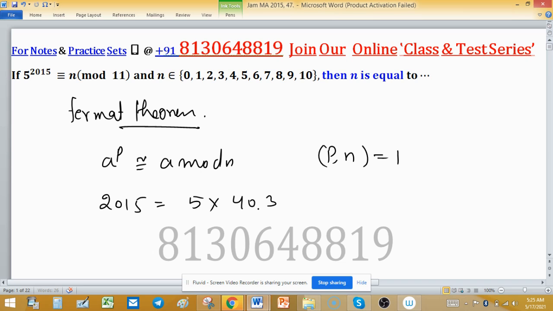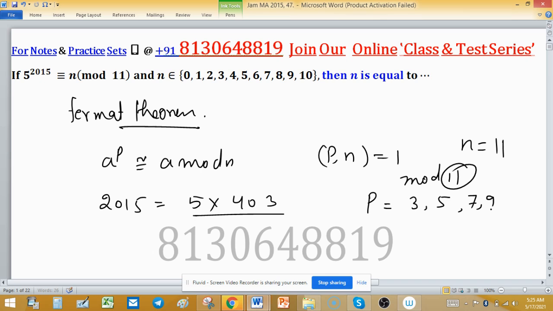We have to choose p from 3, 5, 7, 9 because mod 11 is given and the value of n is 11, so that the GCD is 1.